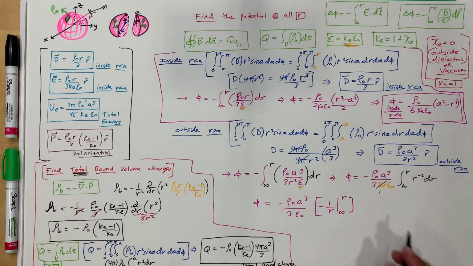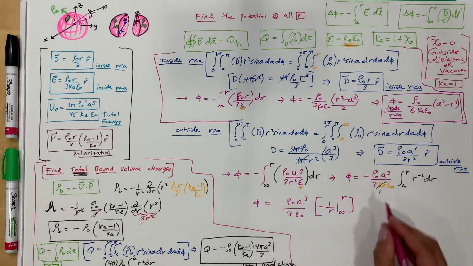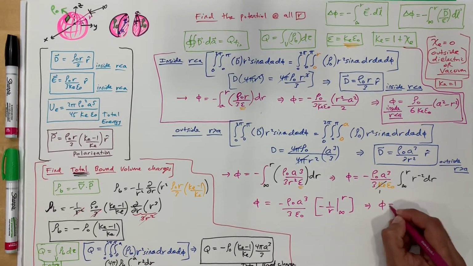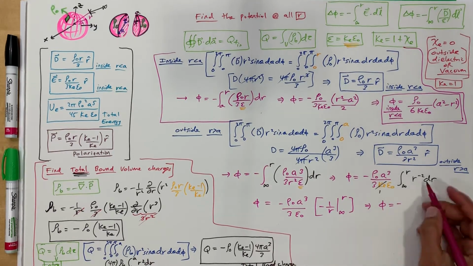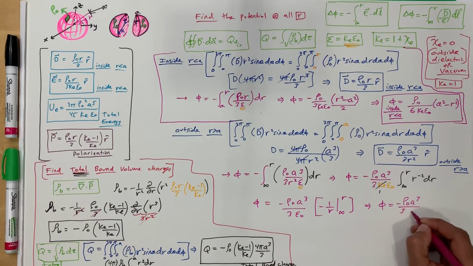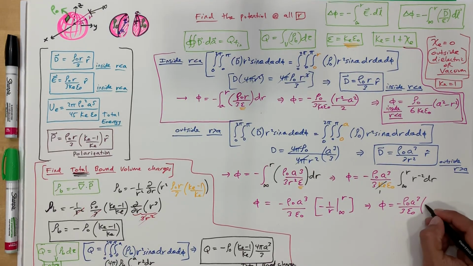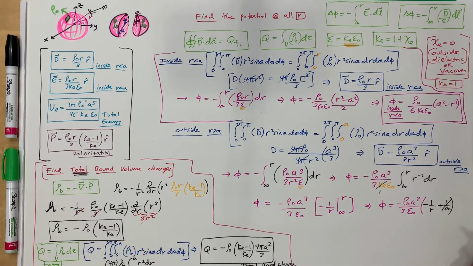Let's just continue with this color. I'm going to leave the outside: rho naught a to the third over 3 epsilon naught. And on the inside here, after evaluating this, we're going to get -1 over r minus, so it's plus 1 over infinity, which is 0.